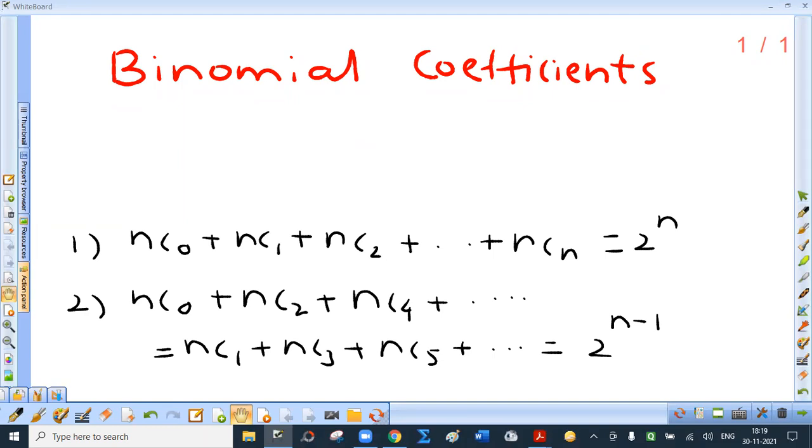Next line, write down number 1. Write down this, then we'll express this in words. Number 1, NC0 plus NC1 up to NCn equals 2 raised to n. Just write this much.